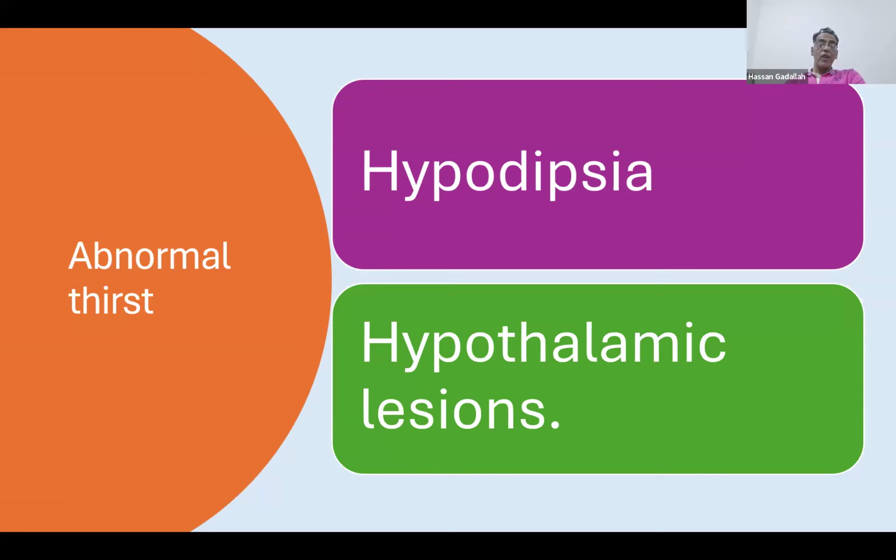So if we have any disease in the hypothalamus or the posterior pituitary, it might lead to loss of the ADH, and finally the kidney is not able to conserve free water in response to serum hyperosmolarity.